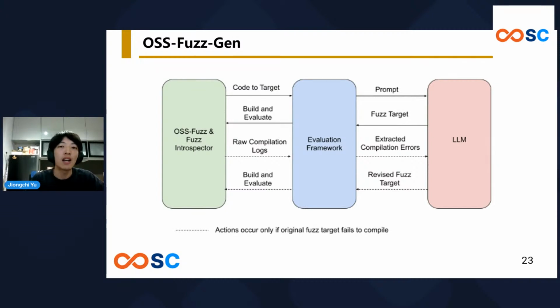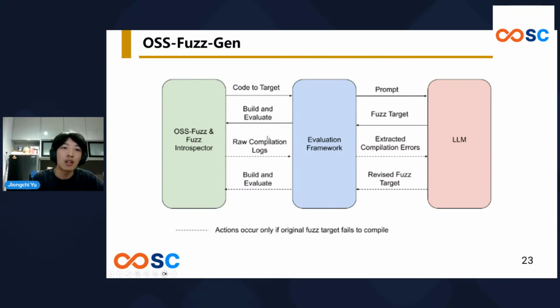The detailed workflow is as follows. OSS-Fuzz and the fuzz introspector can tell which code or which suggested functions to test, and it will process them with the proper prompt, which is pre-designed by the Google developers, to the LLMs. In their services, it's Gemini, and it will respond with a fuzz target, and it will build and run it, I mean, build on your cloud services.